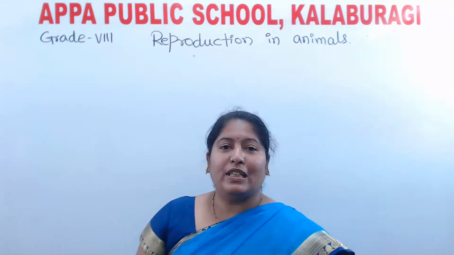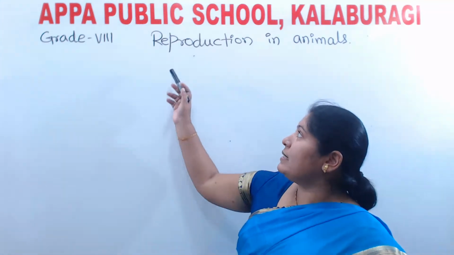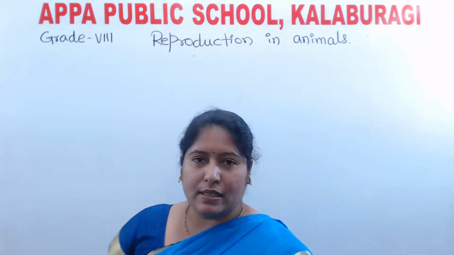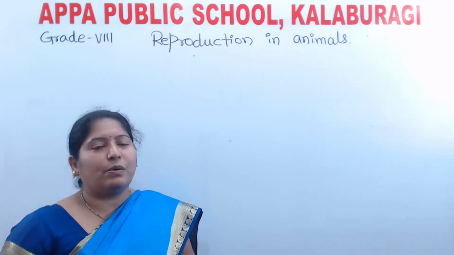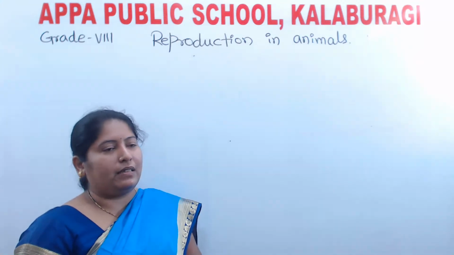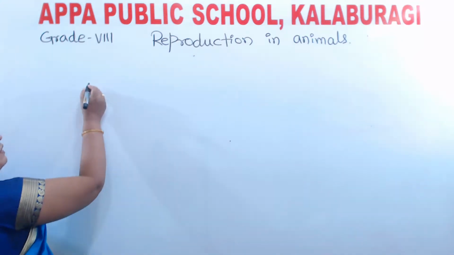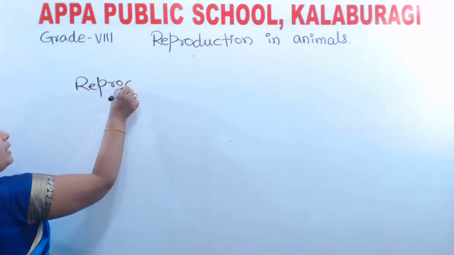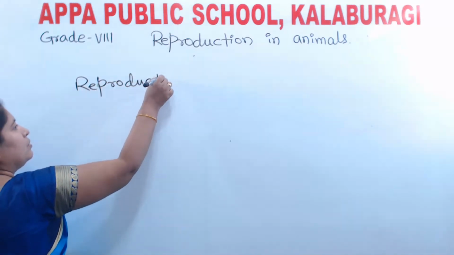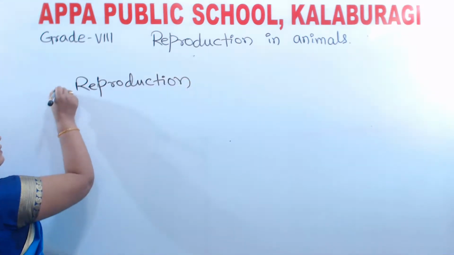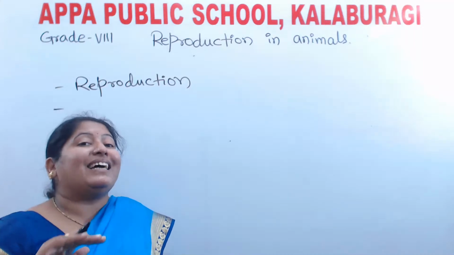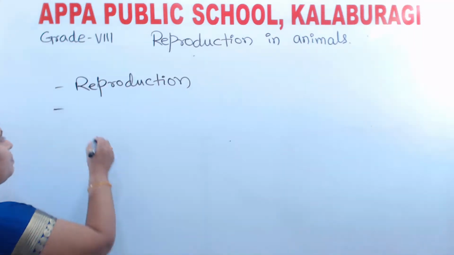We have started the fifth chapter, that is the reproduction in animals lesson. First we'll take a little glance at what all things we have studied already. In our last classes we have studied the definition of reproduction, and after that the types of reproduction, two types of reproduction.